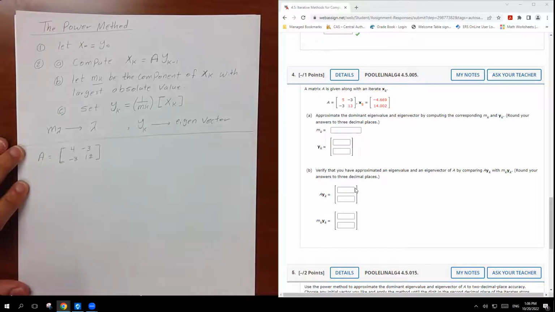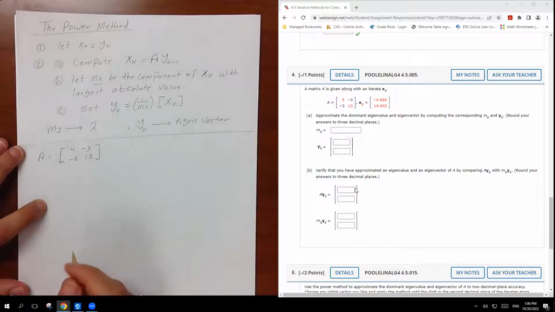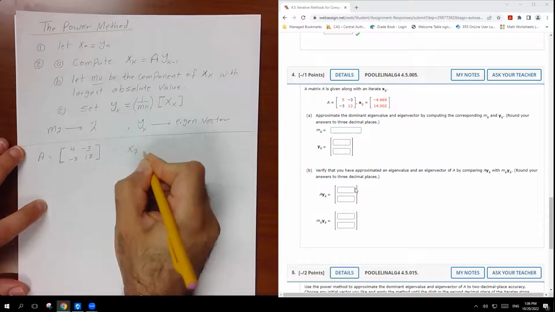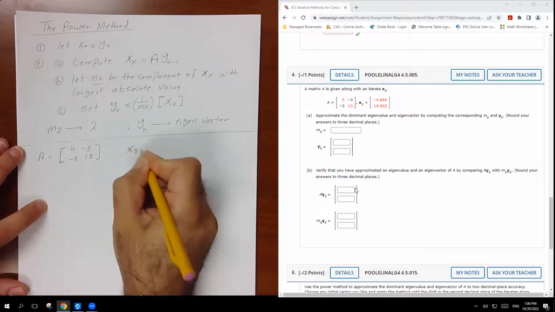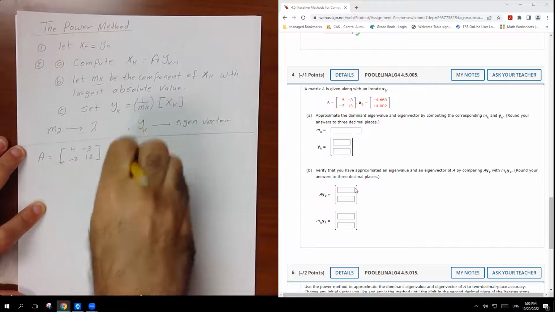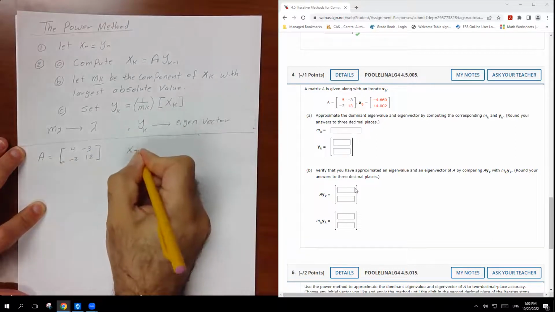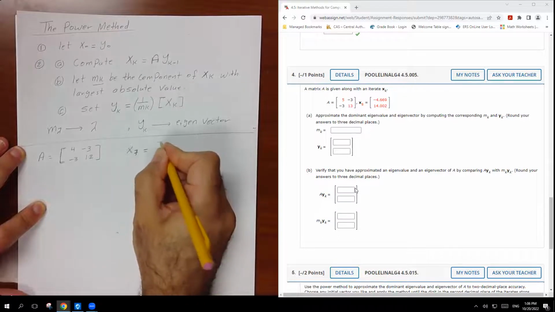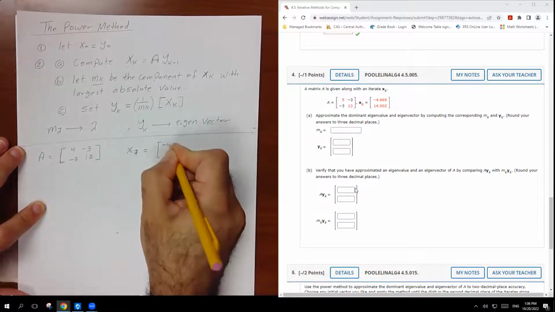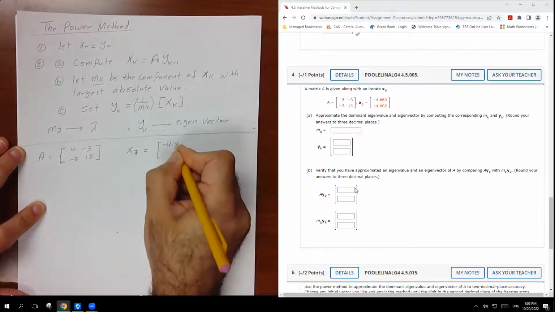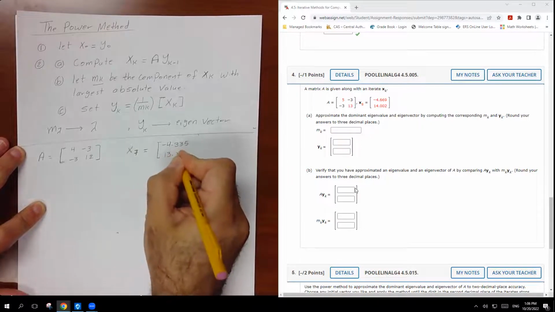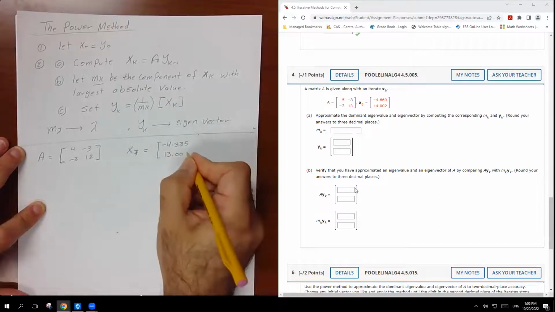It's almost similar to this one. And we have x7. The example I have in the book is different. X7 equals negative 4.335 and 13.002.